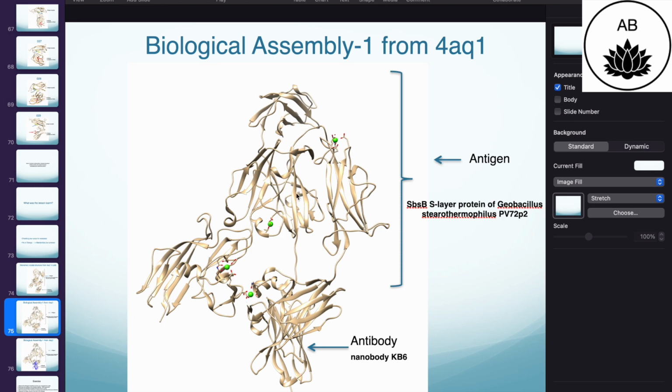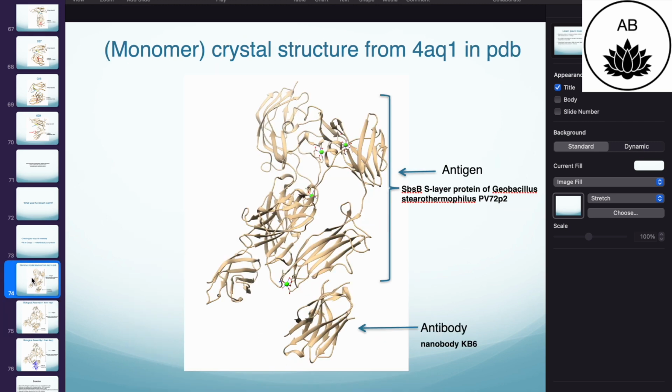These are actually calcium ions. And notice that these two, which are sort of close by here, so follow my cursor movement, these two calcium ions appear closer to the antibody structure over here in the biological assembly 1 compared to the crystal structure that I worked on.